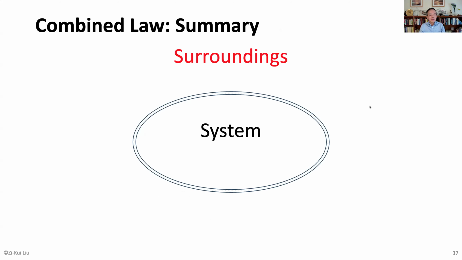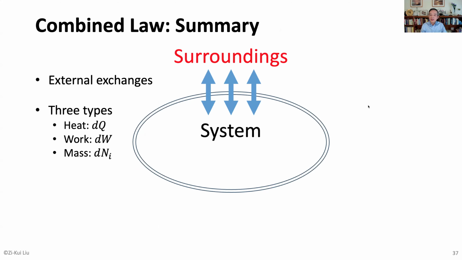Okay, so let's give a summary of the combined law. We have a system and its surroundings, and we talk about exchange. We call it external: the system exchanges with its surroundings. There are three types of exchanges: heat, work, and mass. From energy conservation, we get the first law: the internal energy change must equal the three energies the system receives from its surroundings.